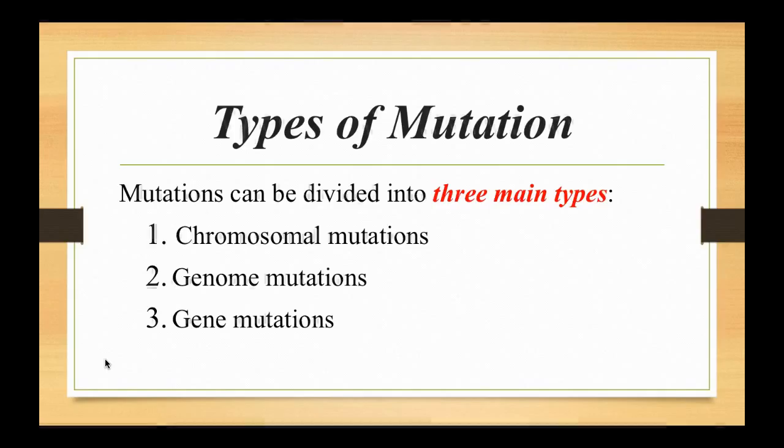It's a relatively small change in DNA structure that influences a single gene. Gene mutations usually involve a point mutation, which is a change in a single base pair, and point mutation has 4 different types. Those are the main things that I am going to talk about in the video today.